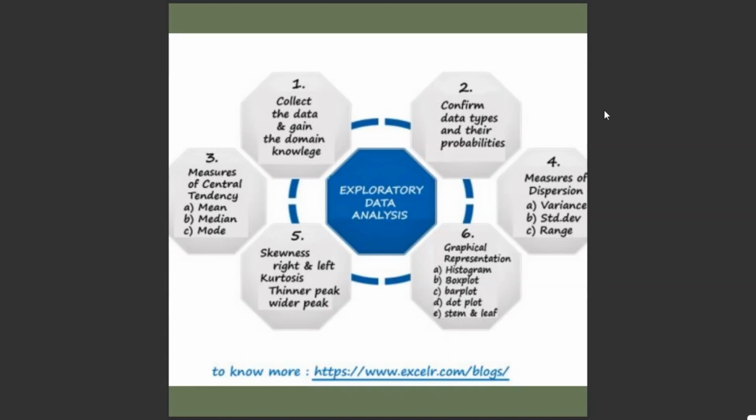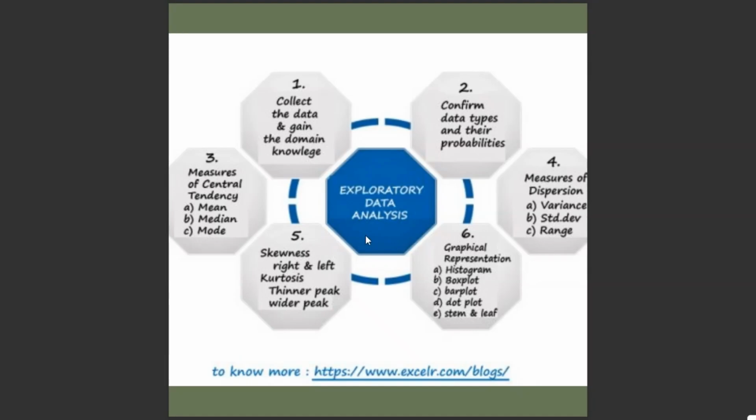Then the fourth thing you do is measures of dispersion. When we talk about dispersion, we're talking about the deviation from the mean, the average. When you move away from the average, by what proportion? That is what we're looking at. We look at it in terms of variance, standard deviation, and range.